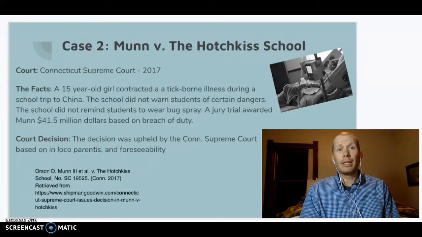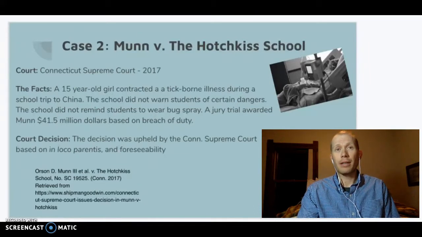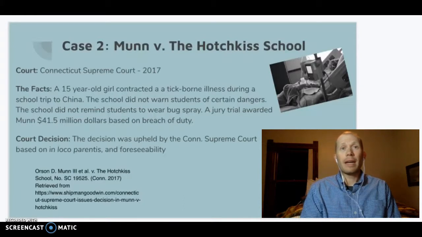It was treatable, and the jury in the original trial awarded her and her family $41.5 million as compensation. This was taken to appeals court and eventually wound up in the Connecticut Supreme Court finally in 2017. It began in 2007, and the facts were that the school had not warned students of the possibility of a serious insect-borne disease.